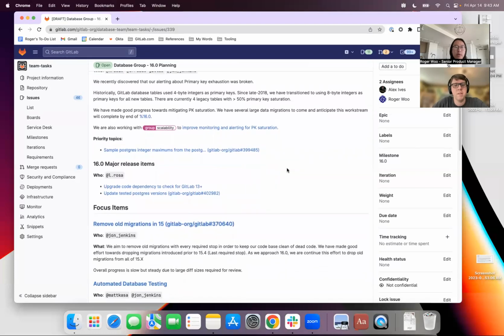And then one other point here specific to 16.0 is there's a few dependencies that we just need to update and make sure of. Alex, do you want to maybe help our listeners understand a bit more about our database versioning?